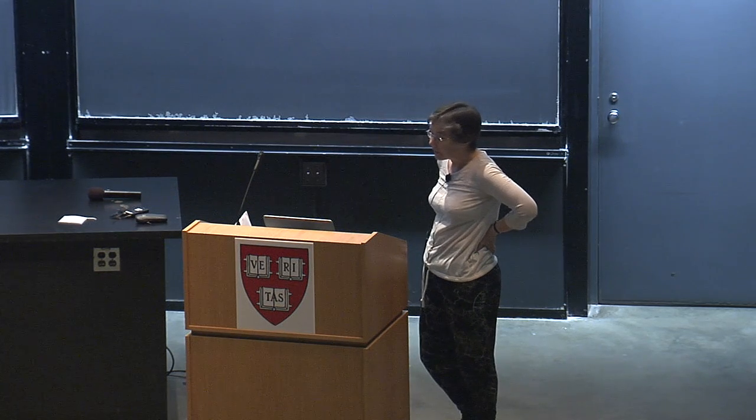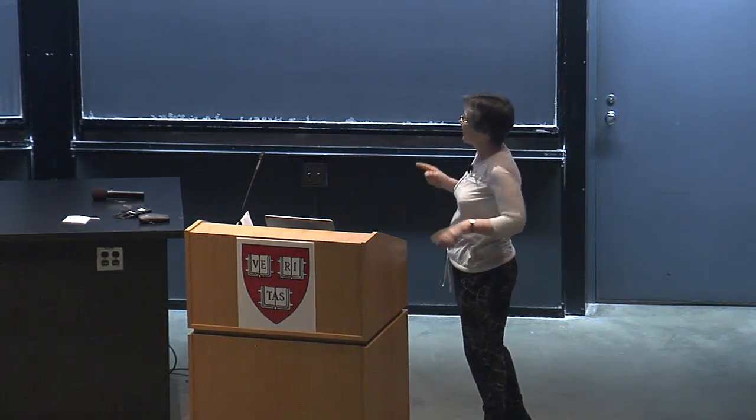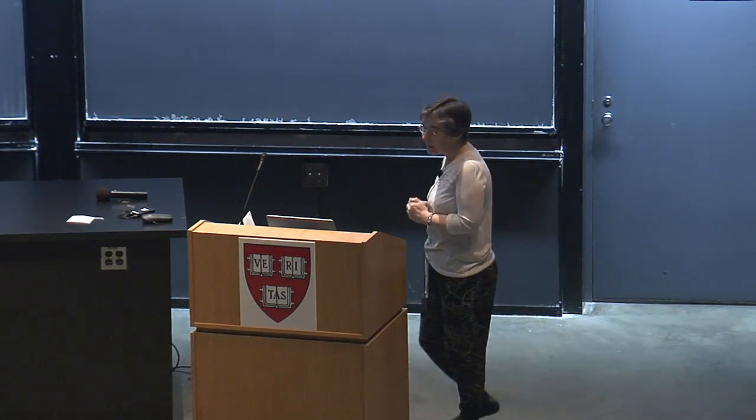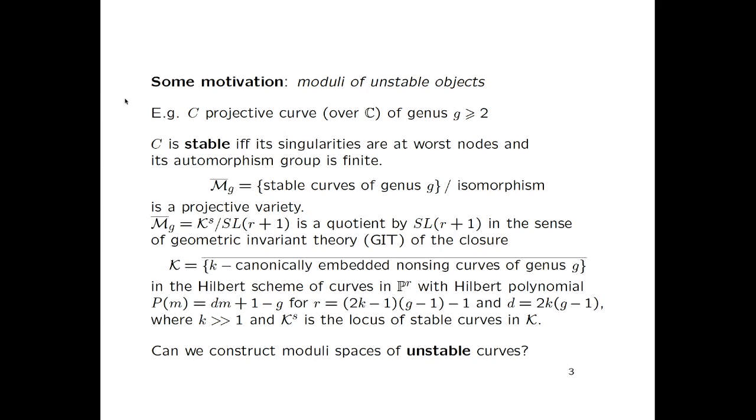curves, projective curves. If you're interested not just in the stable things, where GIT typically gives you a nice quotient, a nice moduli space, but also in unstable objects for whatever problem you're thinking about. So the classical example, the most well-studied example, I guess, is the moduli space of stable curves.